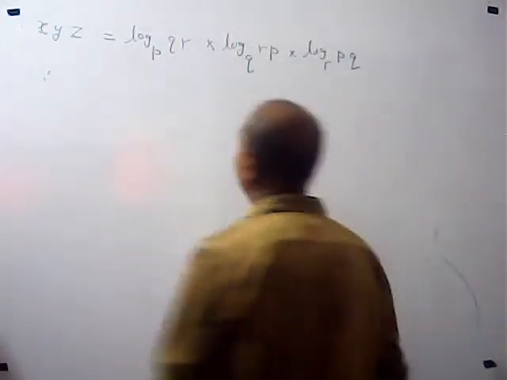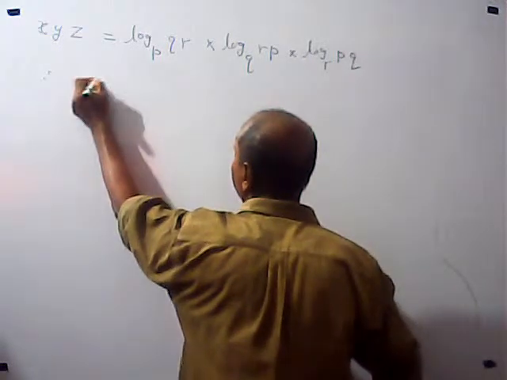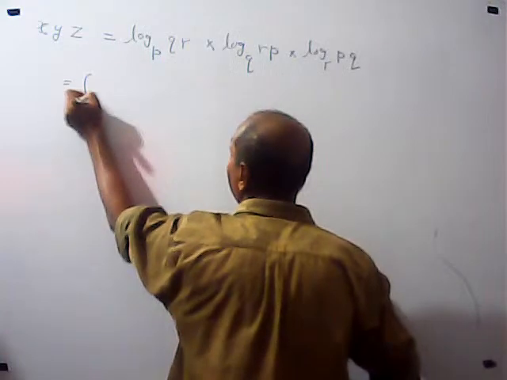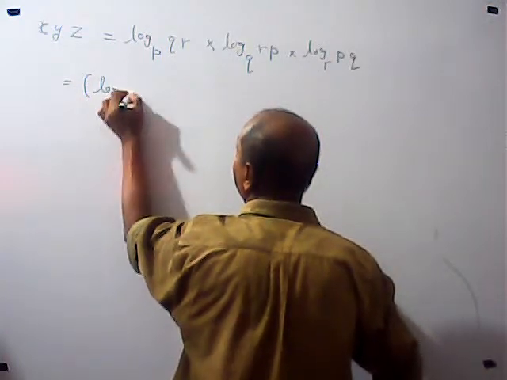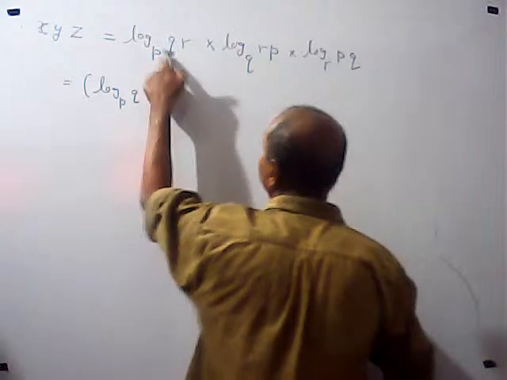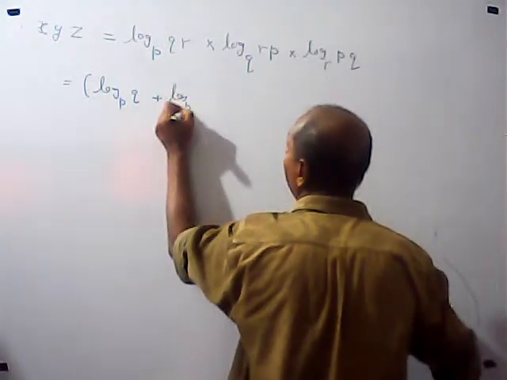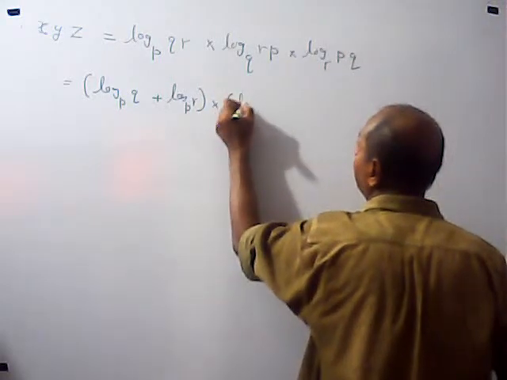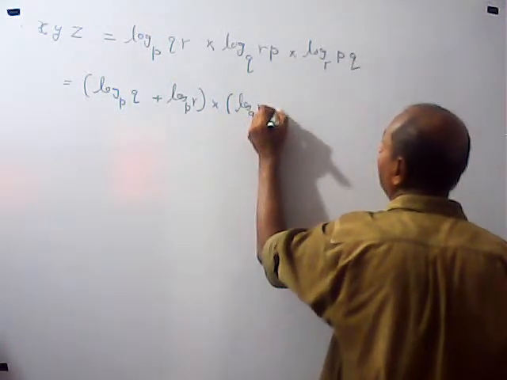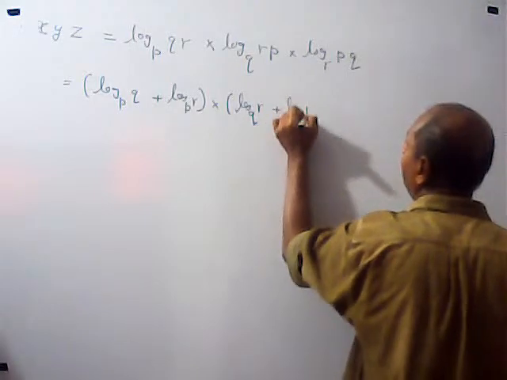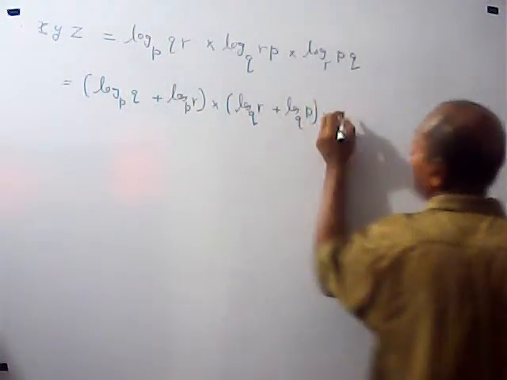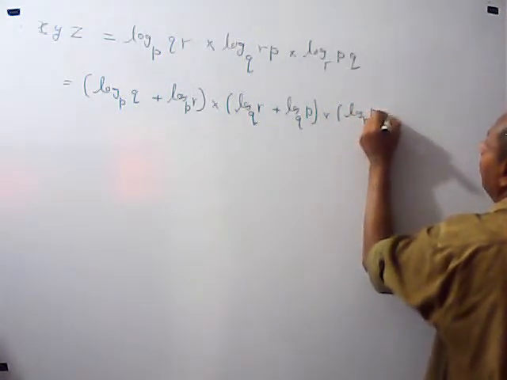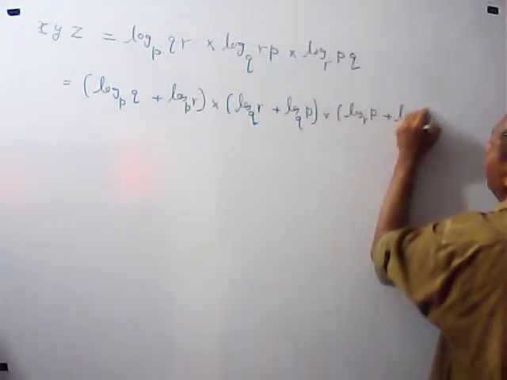Then we can write this as an addition. We have to use our rules, the rules available, right? Log base p of qr can be written as log base p q plus log base p r. Into this can be written as log base q r plus log base q p. Into this can be written as log base r p plus log base r q.